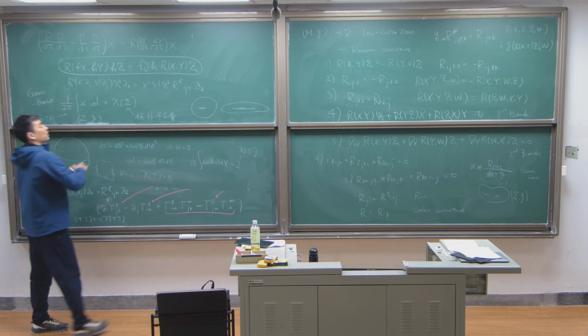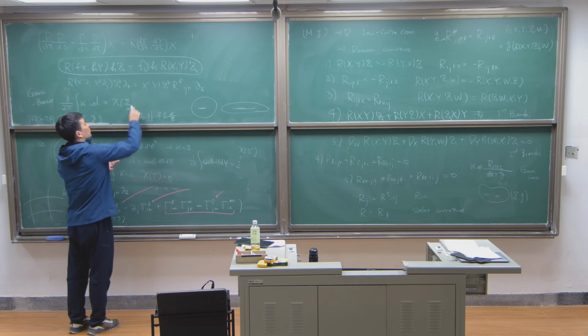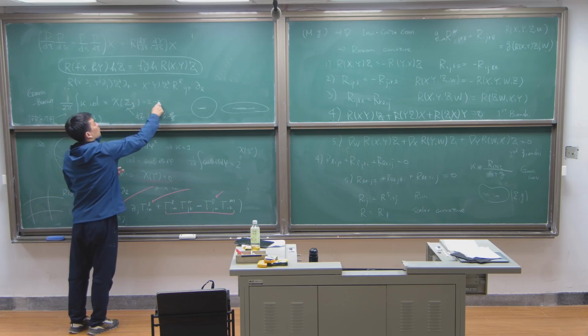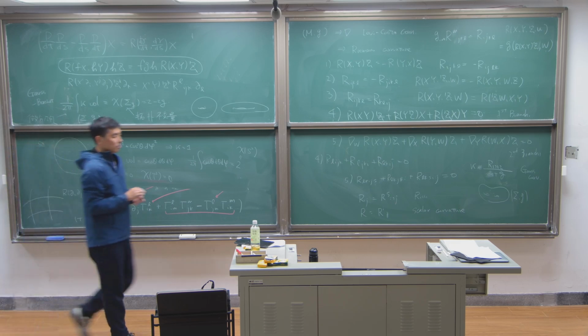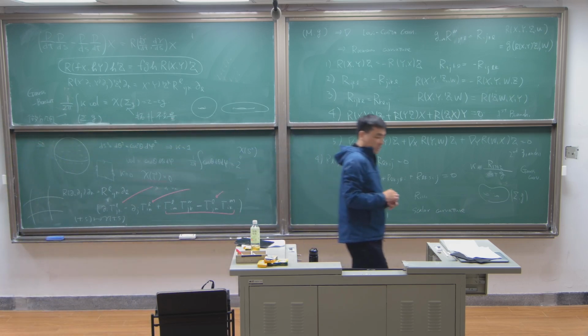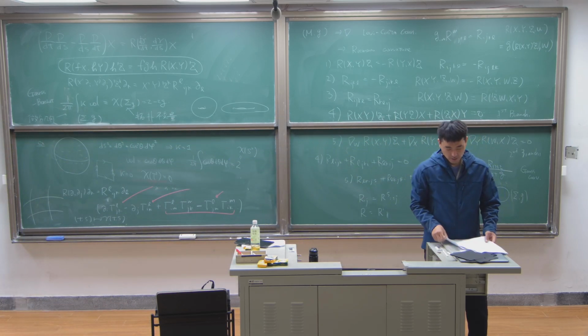And in general, if the Riemann surface has genus g, the Euler characteristic is 2 minus 2g. g is the genus. So I forgot how to say genus in Chinese.